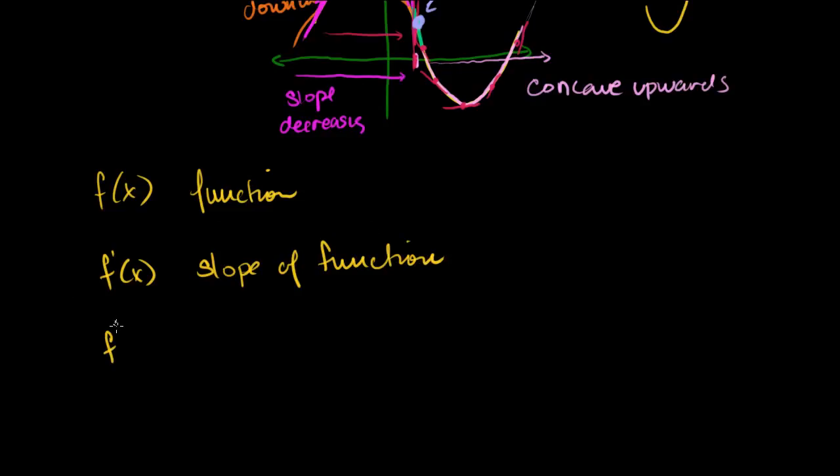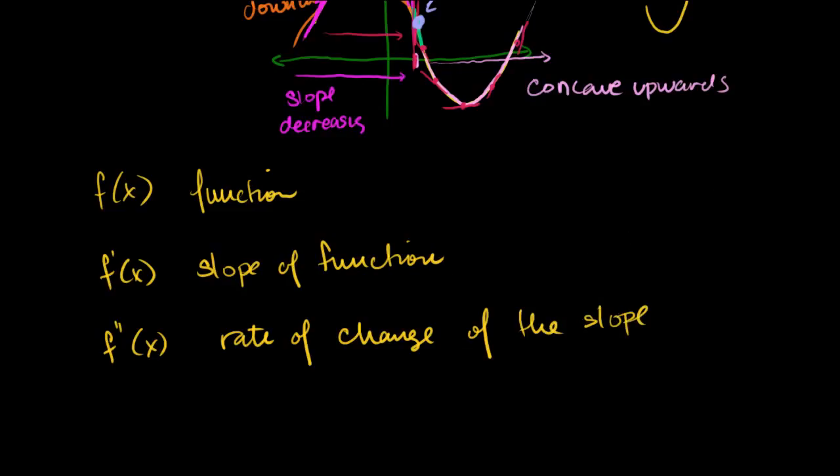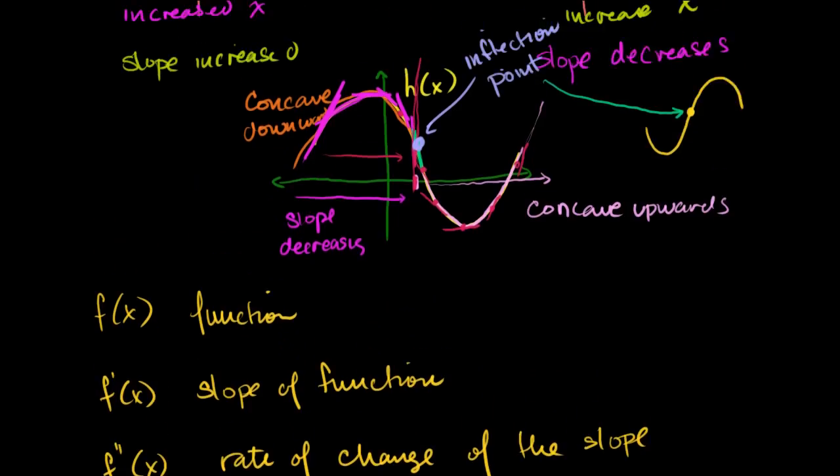What's the second derivative? Well, you could view it as the derivative of the first derivative, right? That's the slope of the slope, or the rate of change of the slope itself. So what did we say about concave upwards?